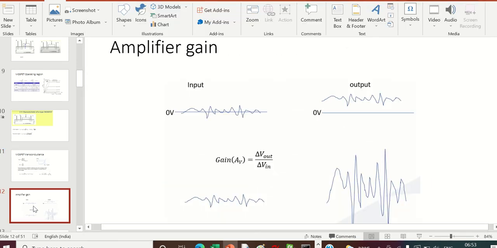Next, now the first step. Why are we doing all this activity of working with the MOSFET? We want amplification. We want certain things to get amplified. We want to send some signal from one place to another, and we need to amplify it. How do we do amplification? That is the next question.